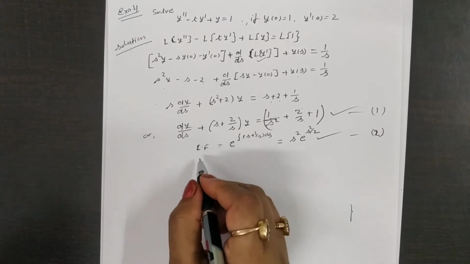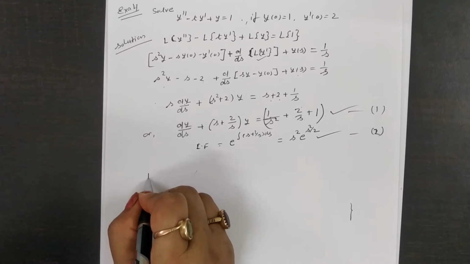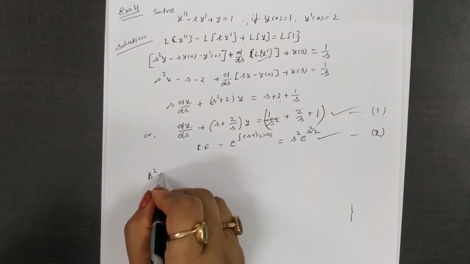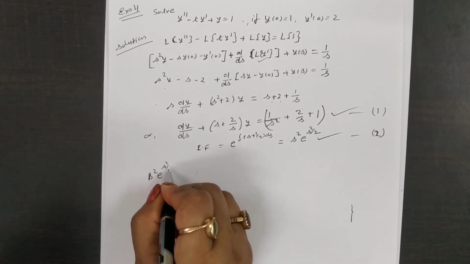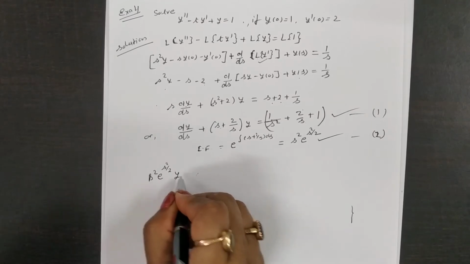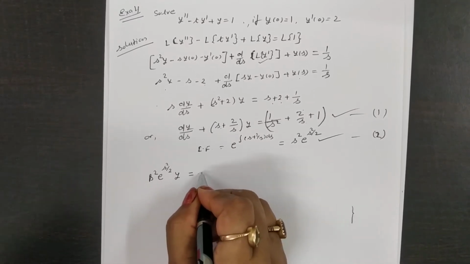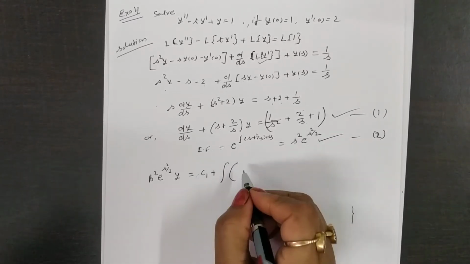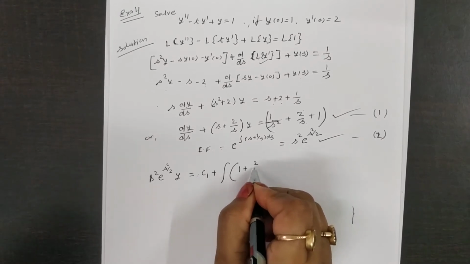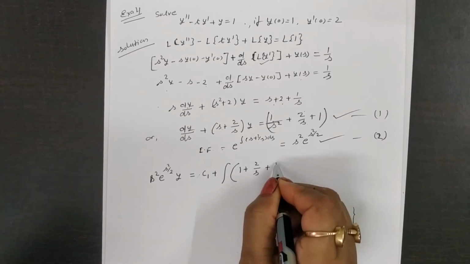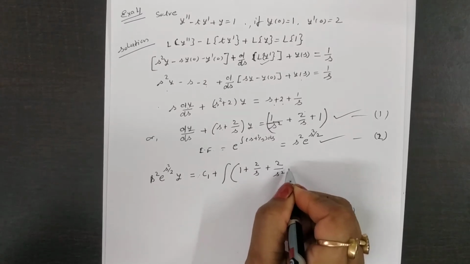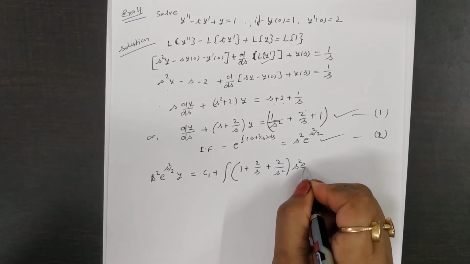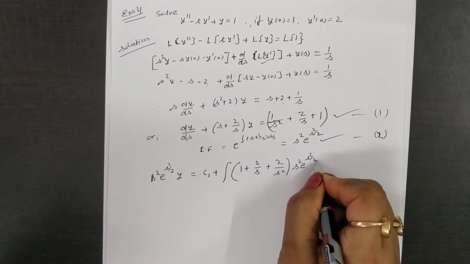So the solution of equation 1 can be written as s square e to the power s square by 2 times Y is equal to an arbitrary constant c1 plus the integral of (1 plus 2 by s plus 2 by s square) s square e to the power s square by 2 ds.